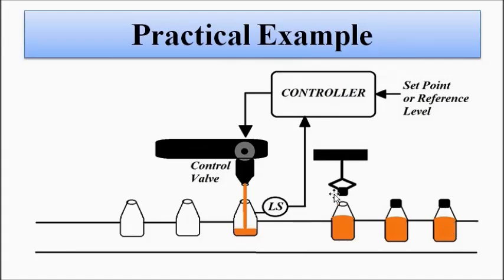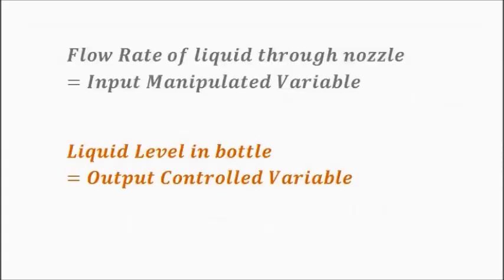That is a basic example. Here the output variable which we want to control is the liquid level, or the level of orange juice in the bottles. That is the controlled variable, the output controlled variable.